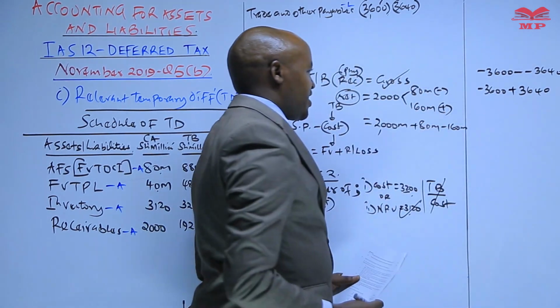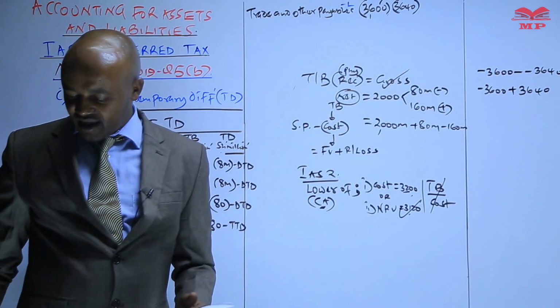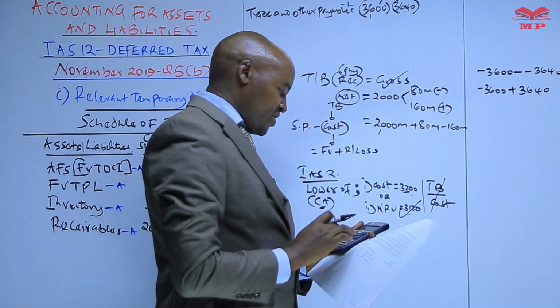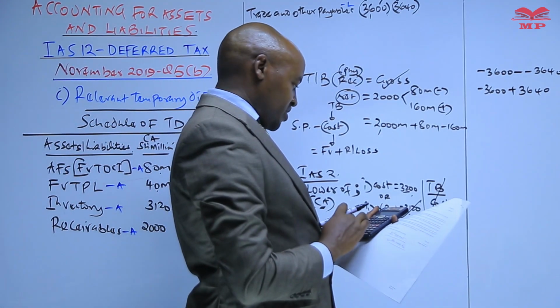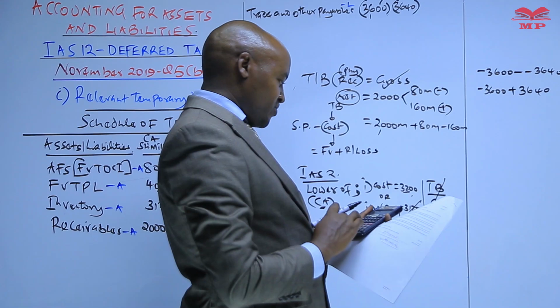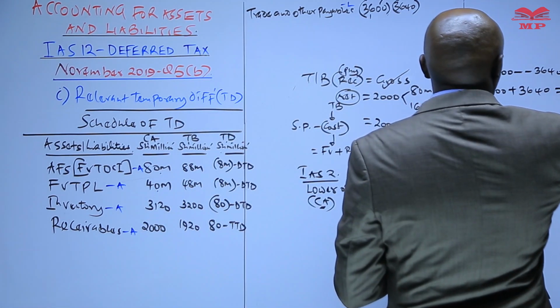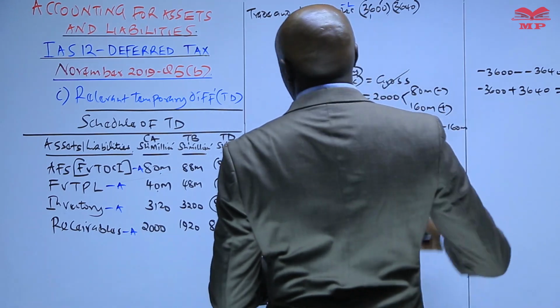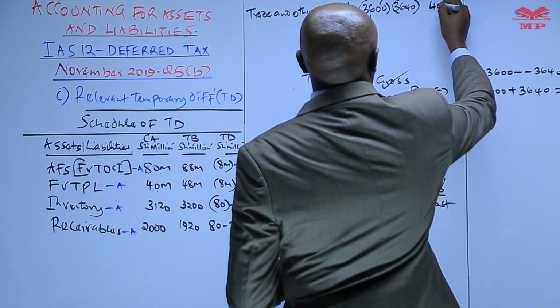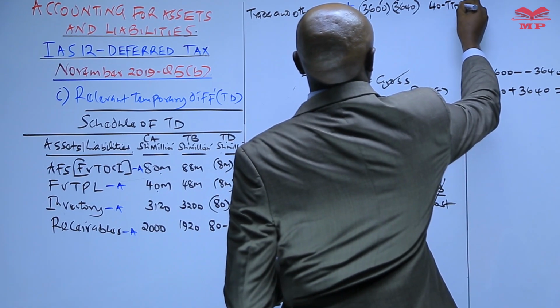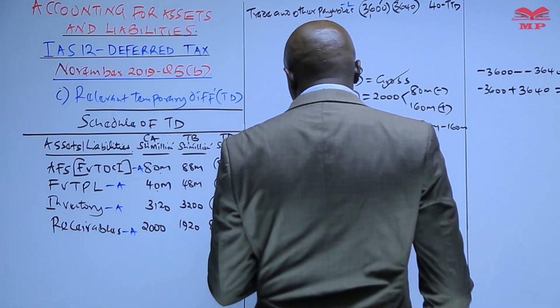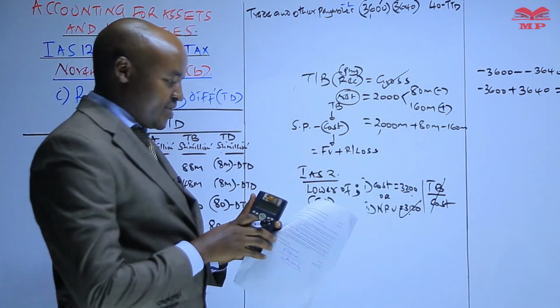So that is negative 3,600 plus 3,640, which will give us a figure of 40. So this is a positive 40, and that is a taxable temporary difference. I think we are done with that particular point there.